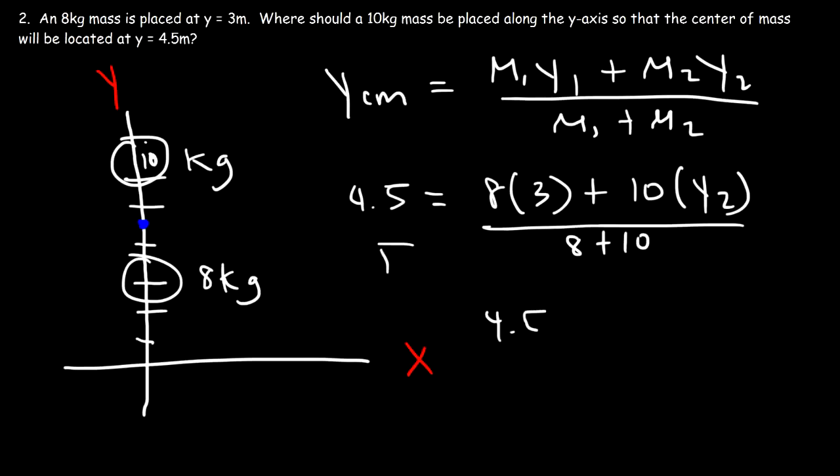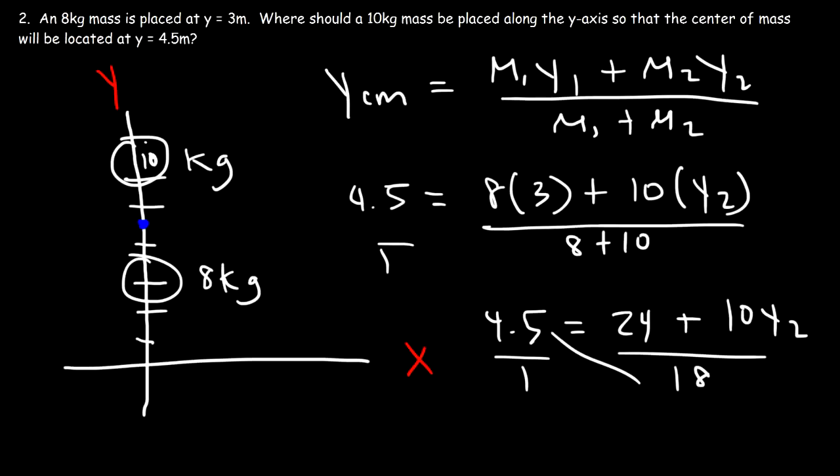So we have 4.5 is equal to 8 times 3, which is 24, over 8 plus 10, which is 18. Now let's cross multiply. So we have 4.5 times 18, which is 81. And that's going to be equal to 24 plus 10y2.